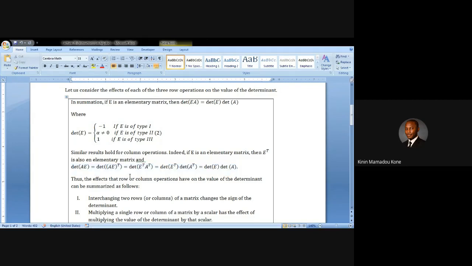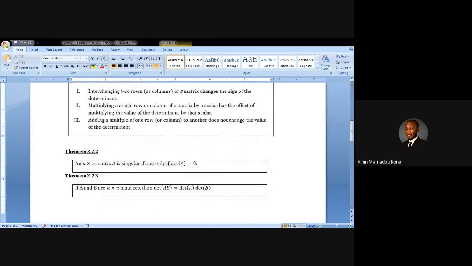Thus, the effect that row and column operations have on the value of the determinant can be summarized as follows. First, interchanging two rows or two columns of a matrix changes the sign of the determinant.